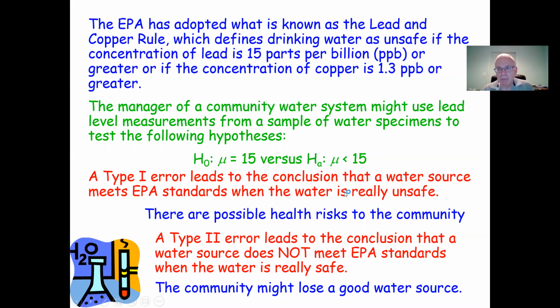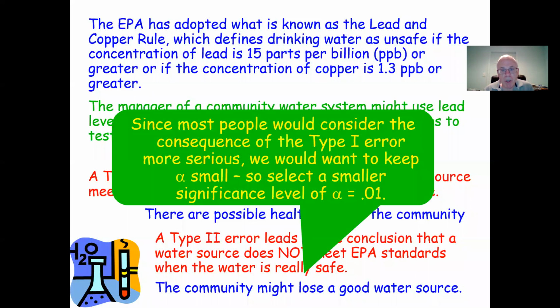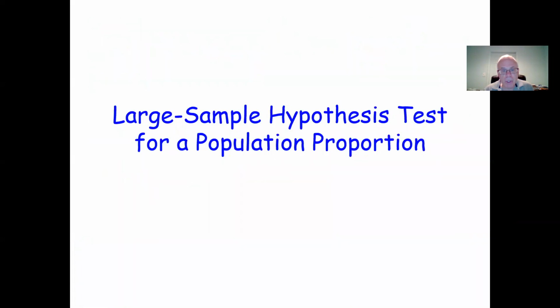So people will end up getting sick. Here, type 2 error says that the community might lose a good water source. Well, yeah, but does it lead to any sickness or disease? No. It was just a mistake and didn't lead to any health consequences for the community. So the type 1 error is the one that is worse, not the type 2 error.